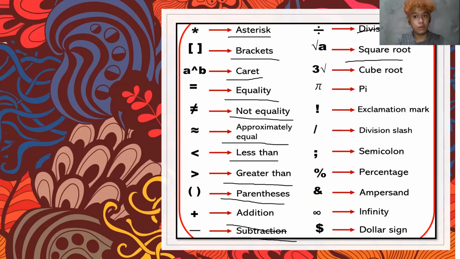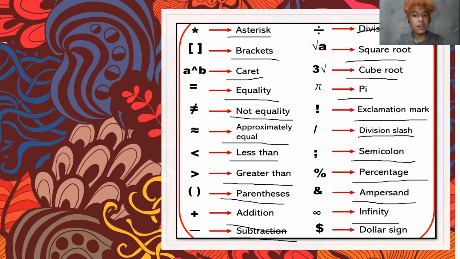We have the square root, the cube root, the pi symbol, the exclamation mark, the division slash, the semicolon, the percentage, the ampersand, the infinity, and the dollar sign.